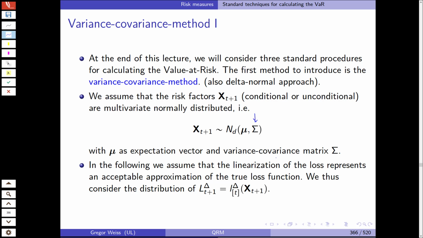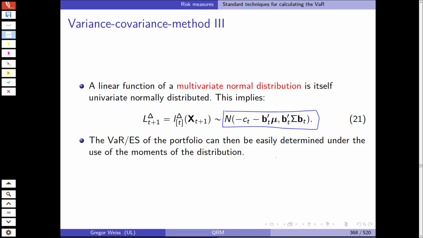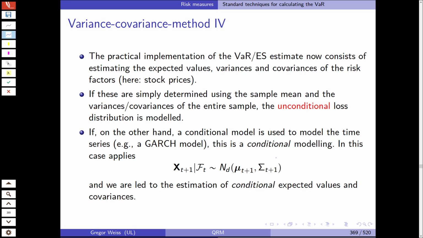Assume normal distributions for all your risk factors, linearization of the risk mapping, and what you get then is financial losses that are normally distributed, and then you can simply calculate the value at risk using mu plus sigma times a quantile. Very simple model.